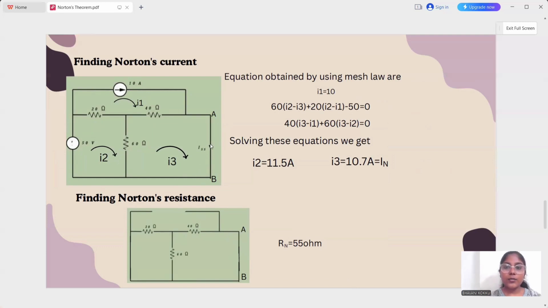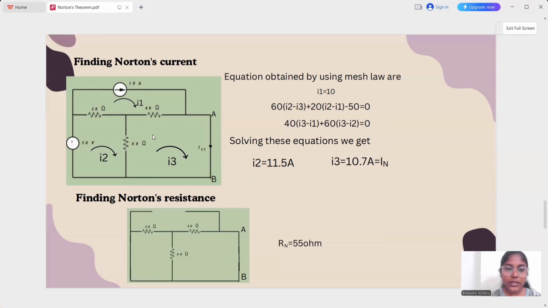To solve that, I'm using mesh analysis. I'm assuming that I1, I2, I3 are the clockwise currents flowing in these three loops. From the first loop, we get I1 equals 10 amperes. From loop 2, we get 60 into (I2 minus I3) minus 50 plus 20 into (I2 minus I1) equals 0.